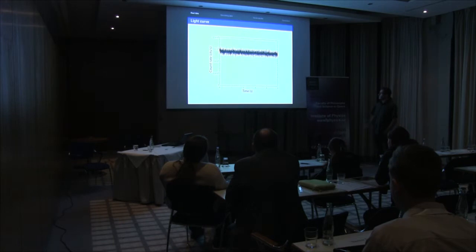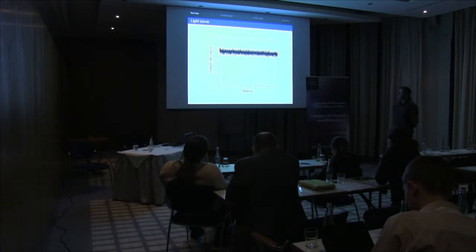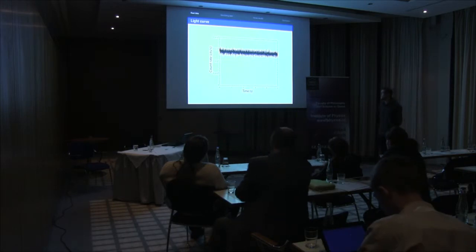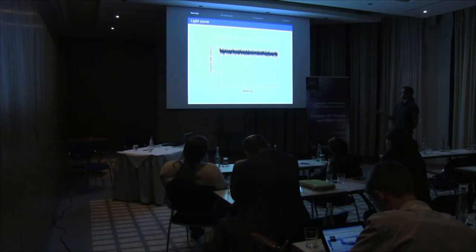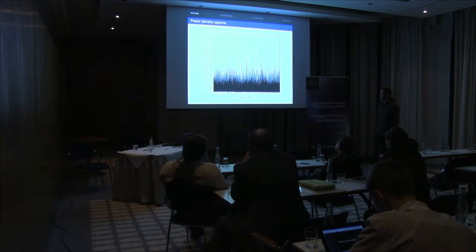So here we have a light curve of one of the sources which exhibits quasi-periodic oscillations. As you can see, it's not very interesting. When we do the Fourier transform and move to the frequency domain, we obtain something like this.